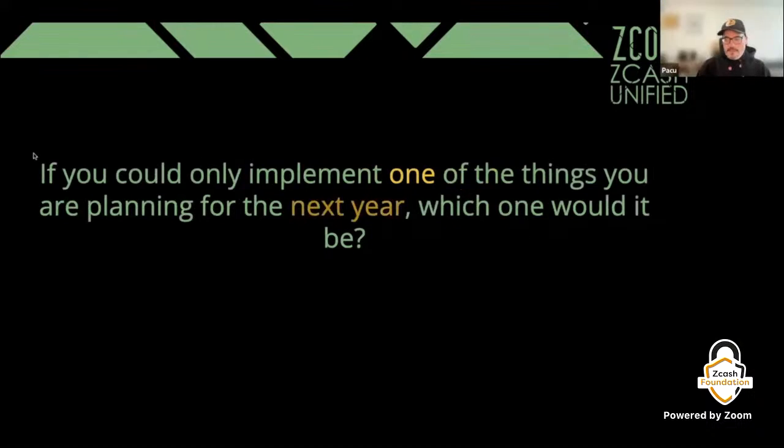All right. And if you could only see one of these features next year in Zcash, which one would it be? Yeah, that would be DEX.